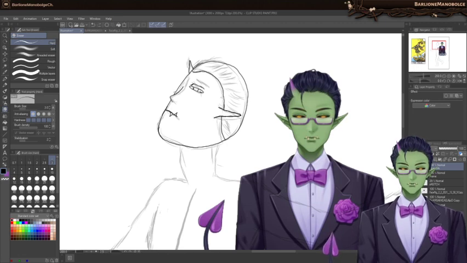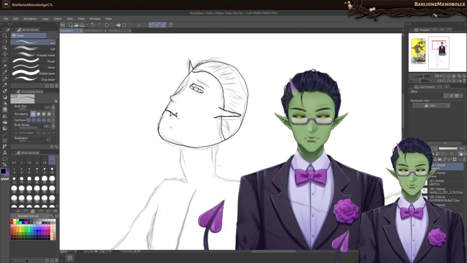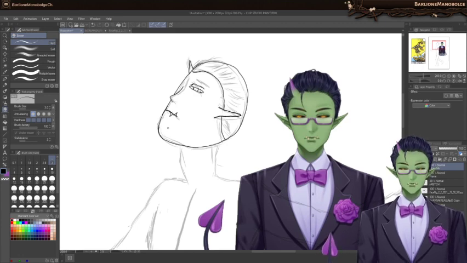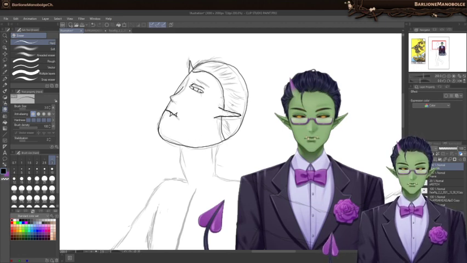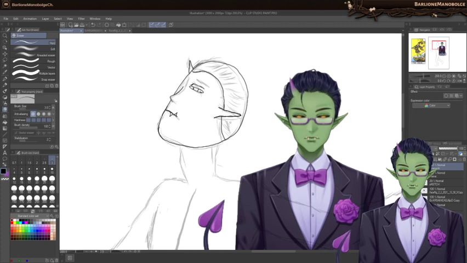I think it's because I've made the shape too smooth. Right here, I think I should actually cut up. It's maybe a bit too wide.